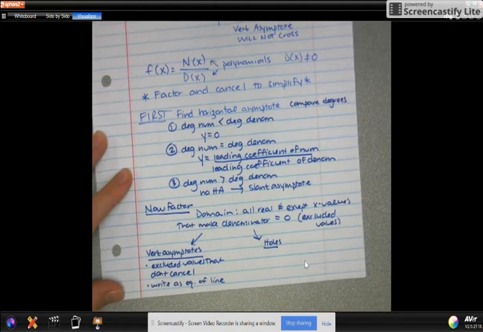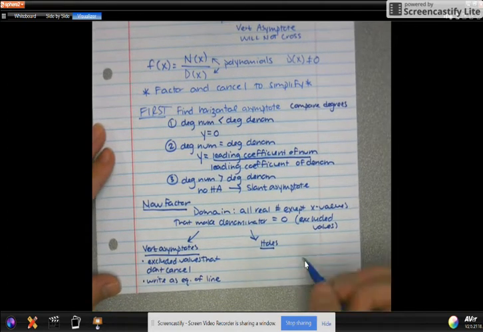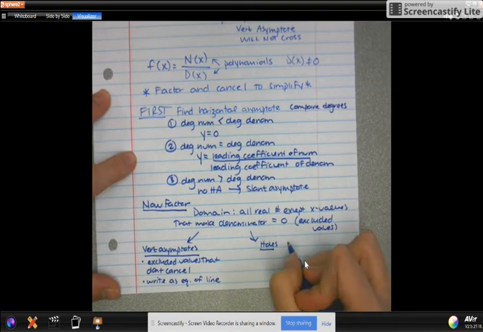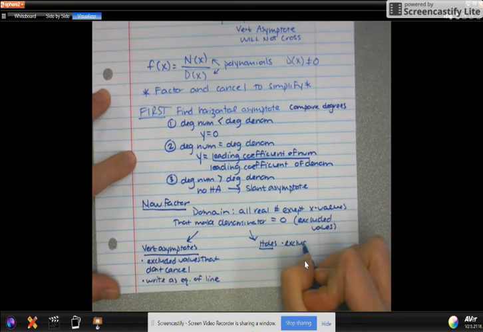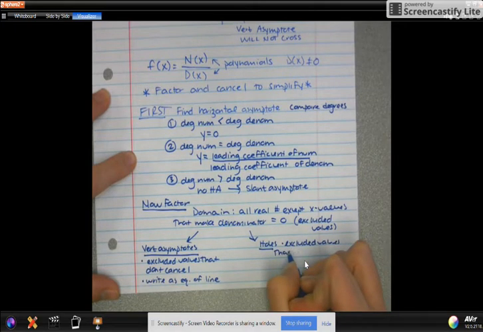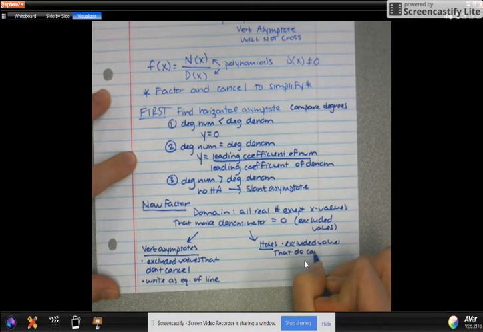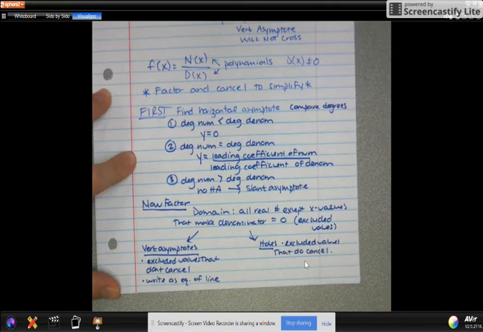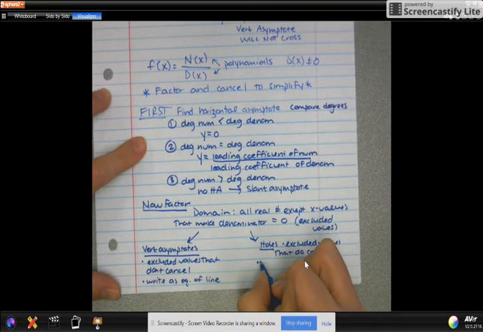The other situation we're going to have is a hole, and these are the excluded values that do cancel. And what we want to do is write them as an ordered pair.